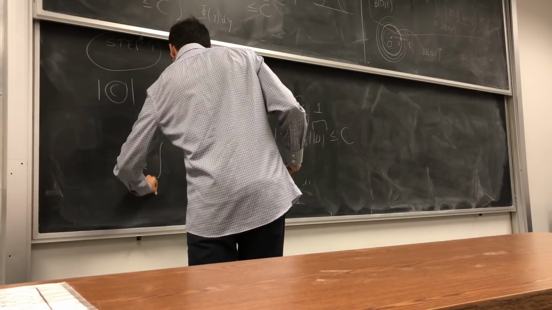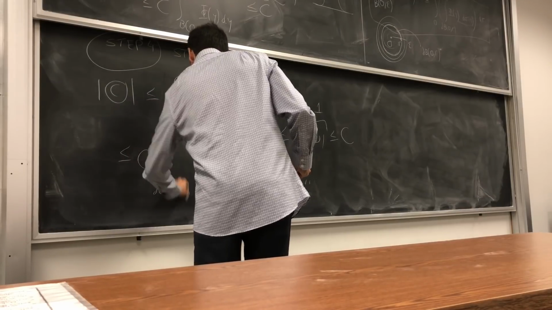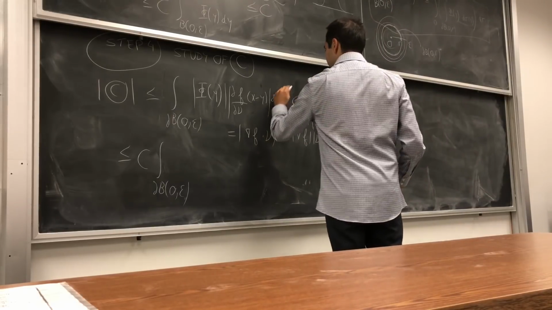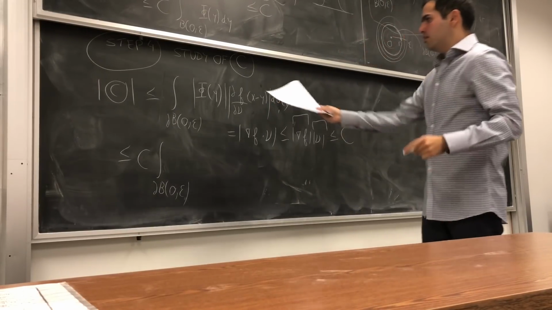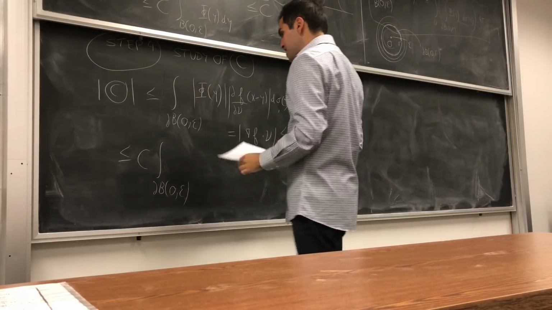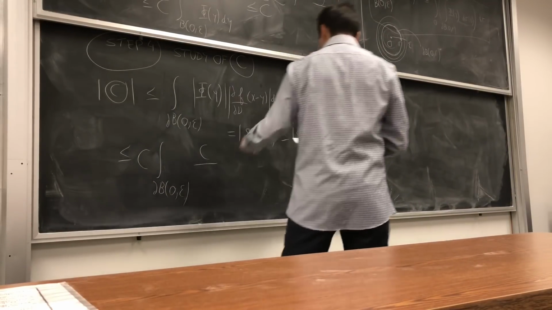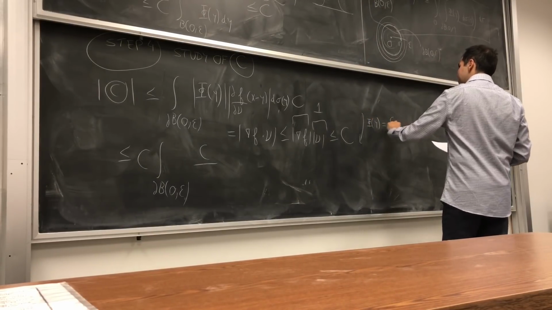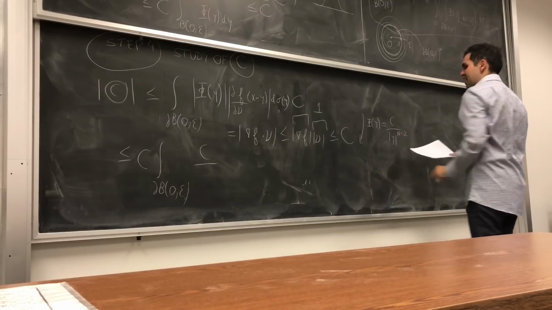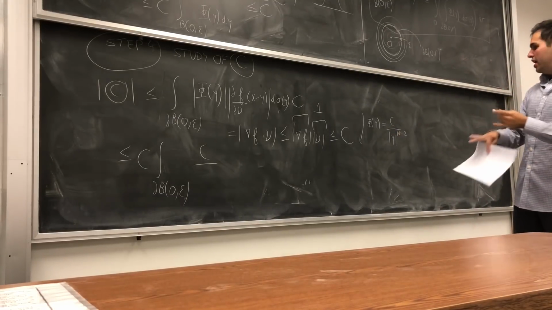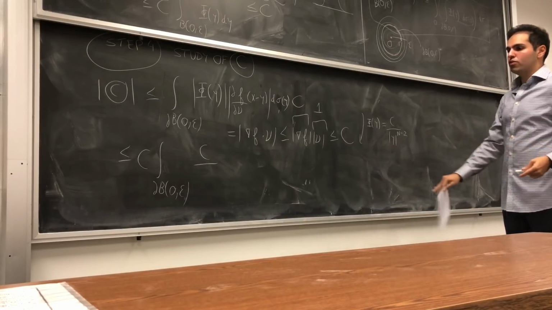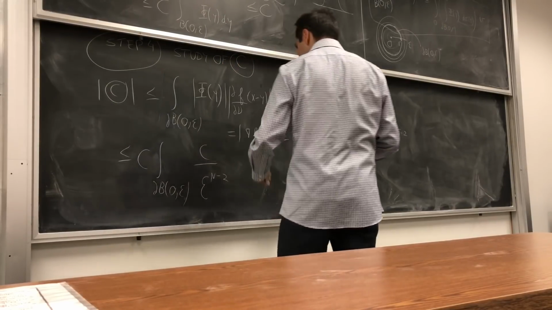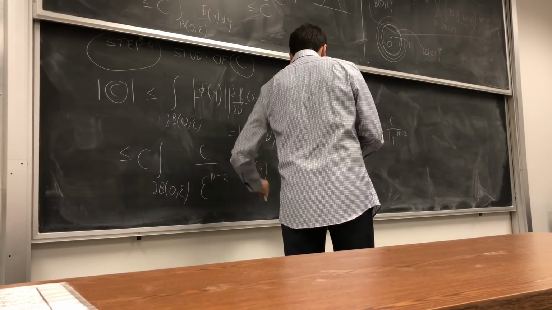So this thing becomes less than or equal to a constant times the surface integral of phi of y, and remember phi of y is just a constant times the absolute value of y to the n minus 2, but if the absolute value of y equals epsilon, this becomes c times epsilon to the n minus 2 d sigma y.